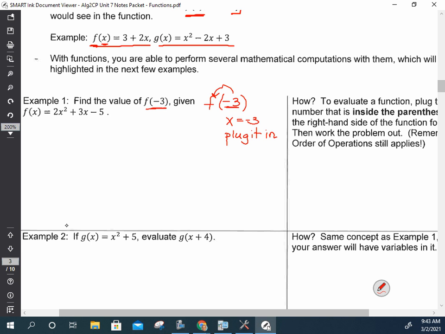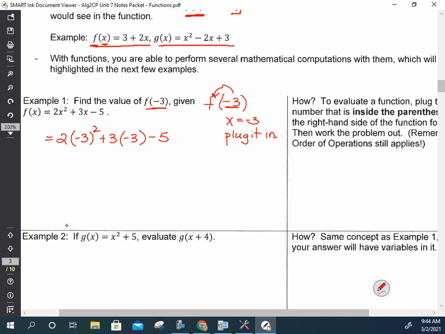When we solve this out, this is 2 times negative 3 squared plus 3 times negative 3 minus 5. We only have to plug it into the right-hand side. We don't have to worry about the left-hand side.